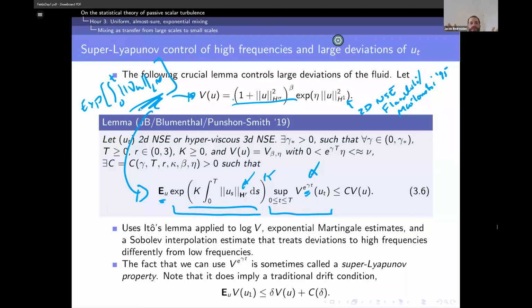And so to wrap everything up nicely, you really need to separate low and high frequencies when you do this estimate. When you're at high frequencies, you have to use the fact that the viscosity becomes stronger and stronger the higher the frequency. And that's very important for controlling these large deviations in high frequencies. Okay.